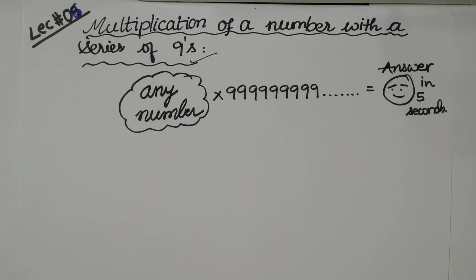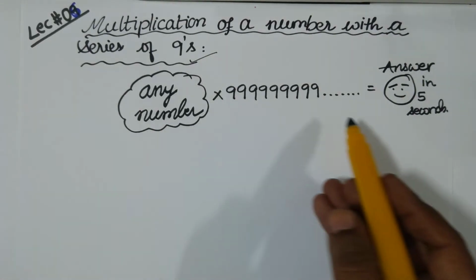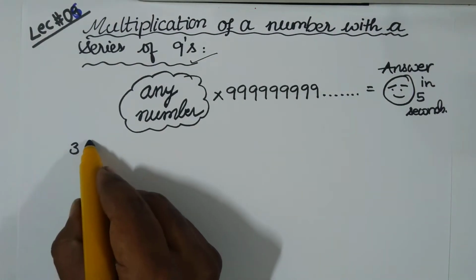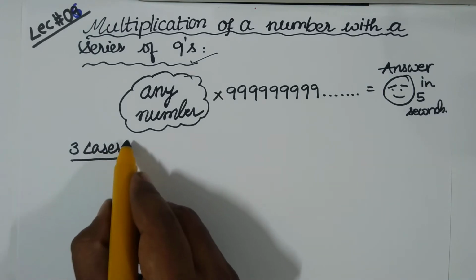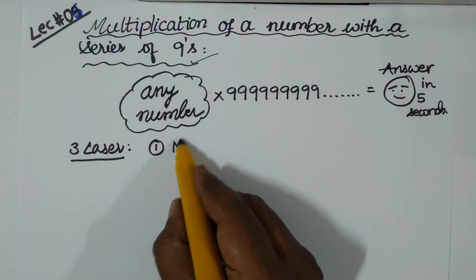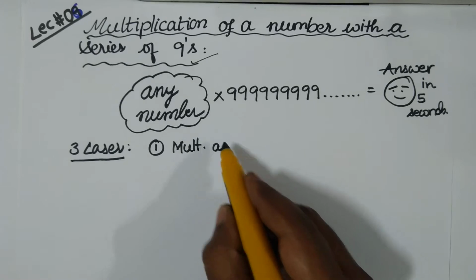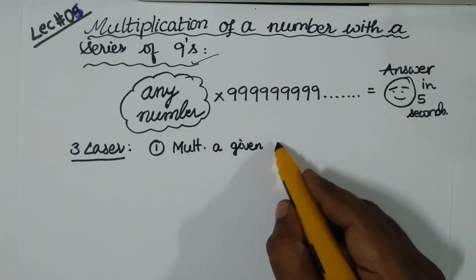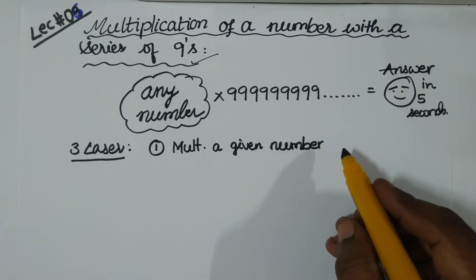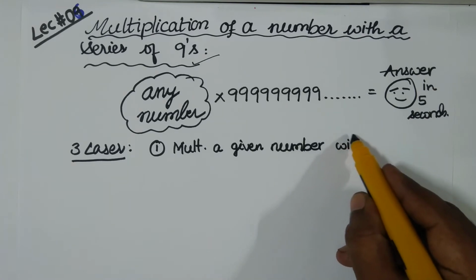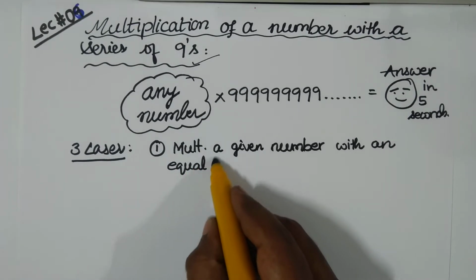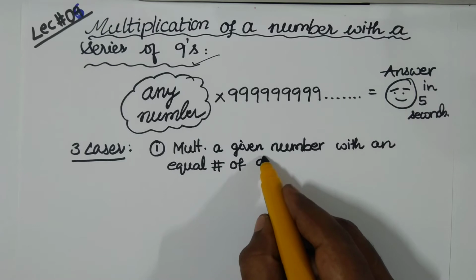Now, this technique we are going to unlock is divided into 3 cases. So case 1, what is case 1? Case 1 is to multiply a given number with an equal number of nines.